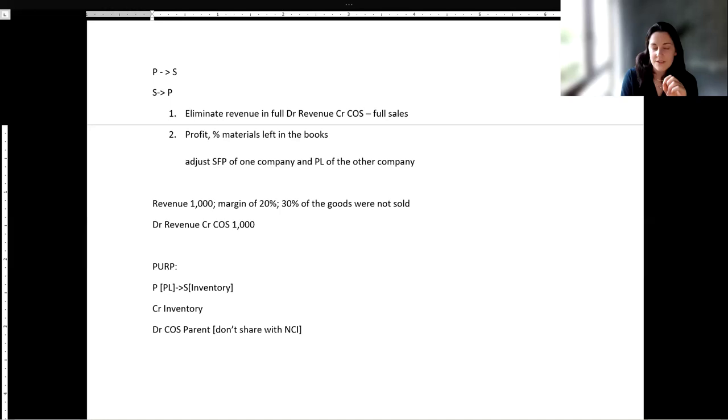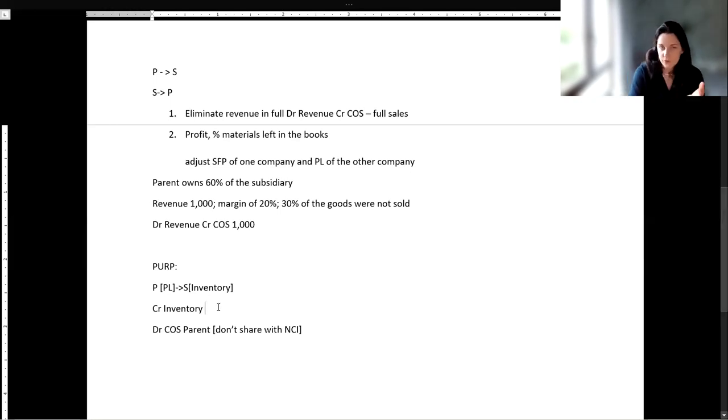Now, what will be the numbers? As for the numbers, we do not care how much of the subsidiary is owned by the parent. So if, let's say, parent owns 60% of the subsidiary, we do not care about that because we control inventory in full. And as such, we need to make this full adjustment to inventory.